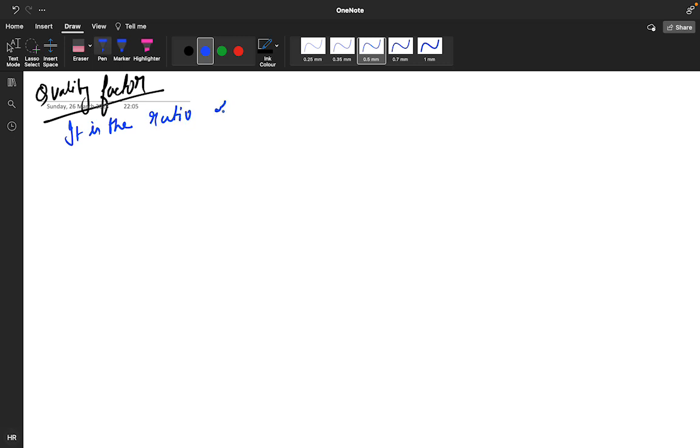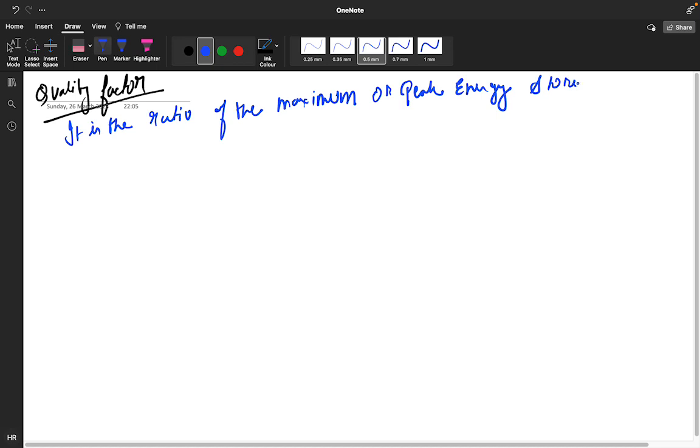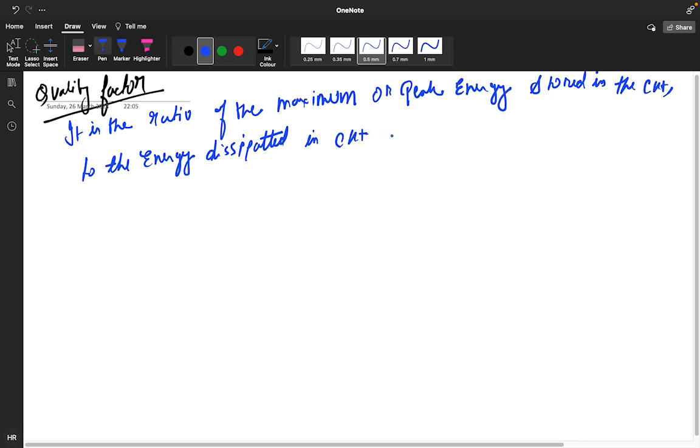It is the ratio of the maximum or peak energy stored in the circuit to the energy dissipated in the circuit in one time period.